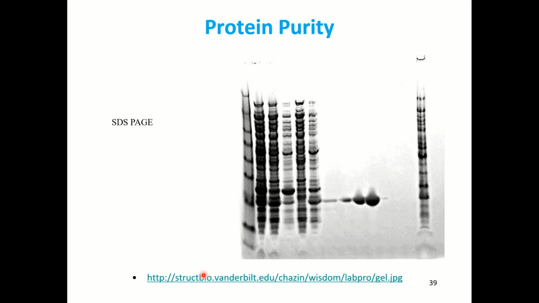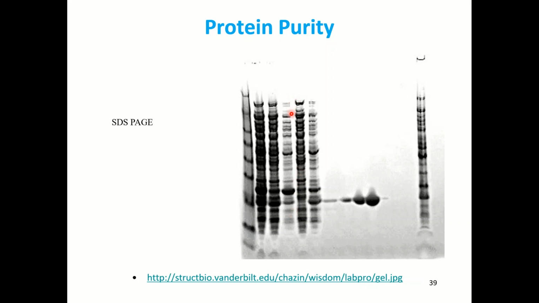And how do you assess how pure your protein is? Again, you can use something like SDS page. In this example, what we're seeing is steps along the purification process. This might be your cells after expressing that protein, and then maybe this is the soluble fraction.